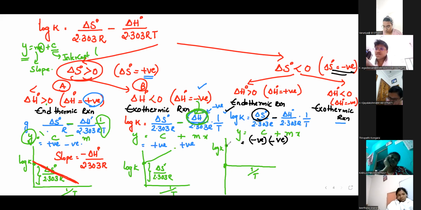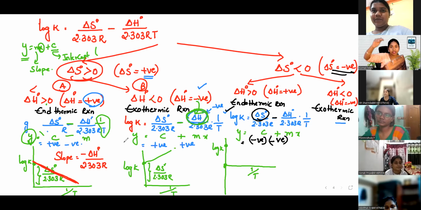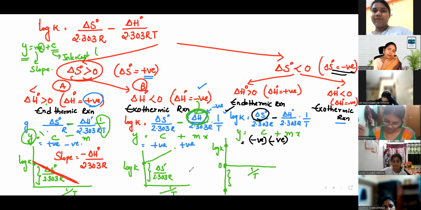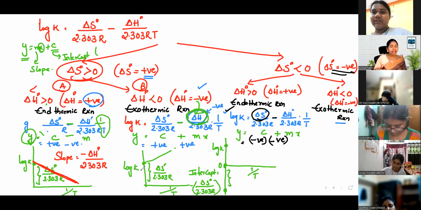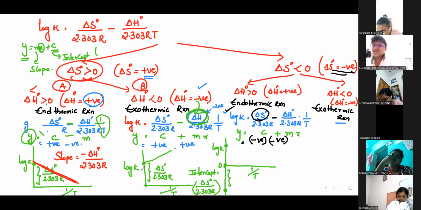But somewhere here is some intercept. Above 0, what numbers will be there? +1, +2, +3. Below 0, what numbers? -1, -2. So intercept is some negative value. How much is that negative intercept? Minus delta S naught by 2.303 R. So this will be a negative value. Why negative? Negative delta S condition we have taken.